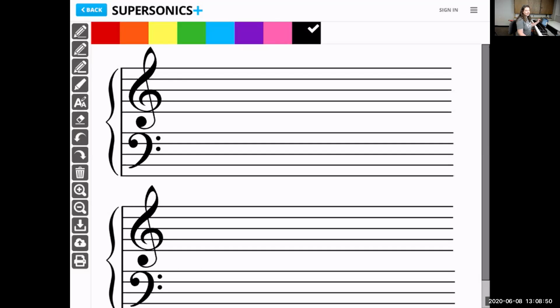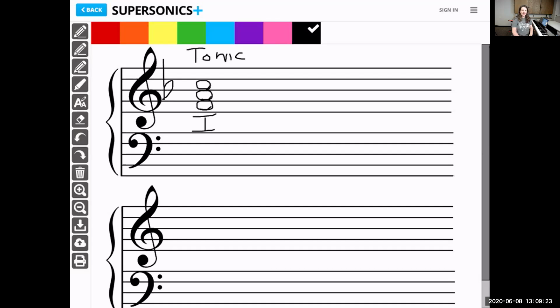For example, if I have the key of F major, and I have a triad built on the tonic note, the first note of the scale, the F, that chord is called my 1 chord.